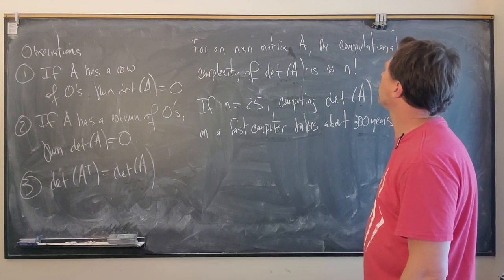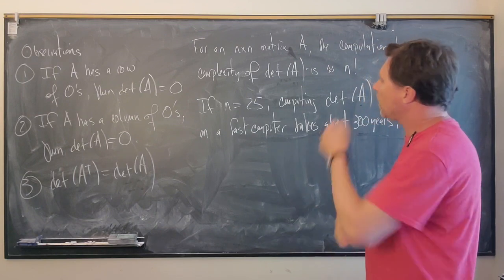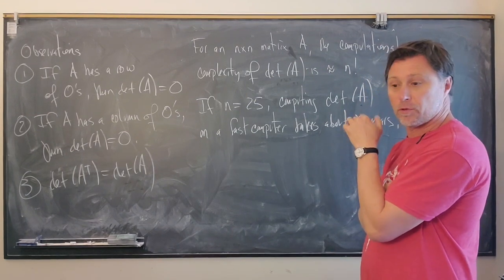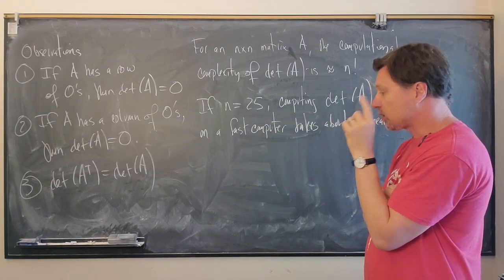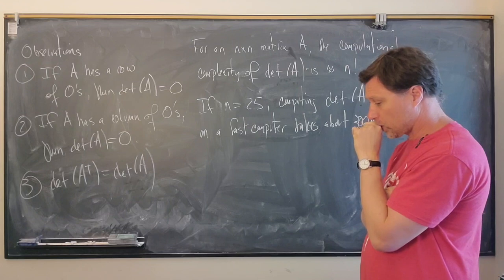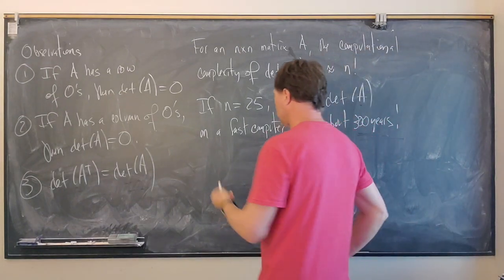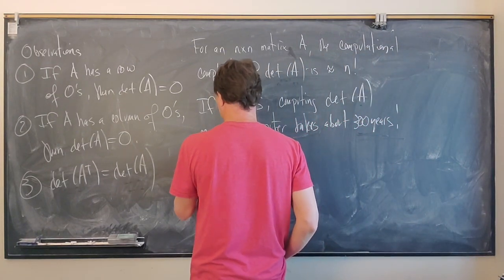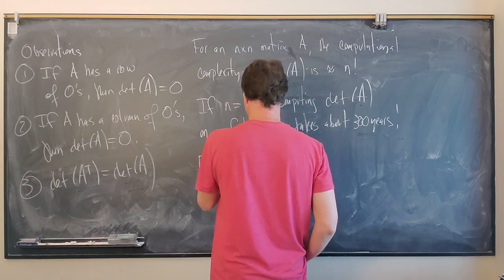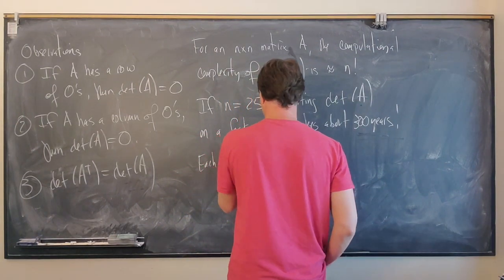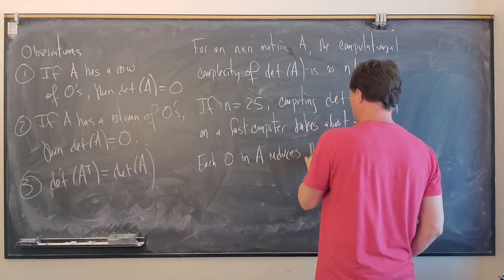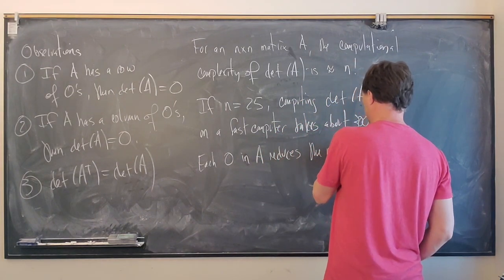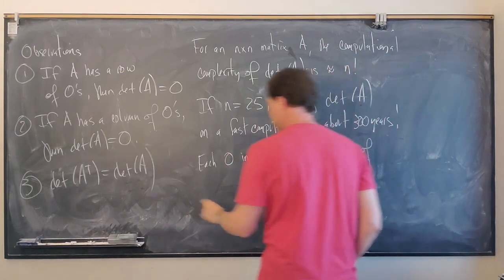So here's what we want to remember from what we talked about in the last lecture also. Zeros are good. Each zero in A reduces the number of computations.